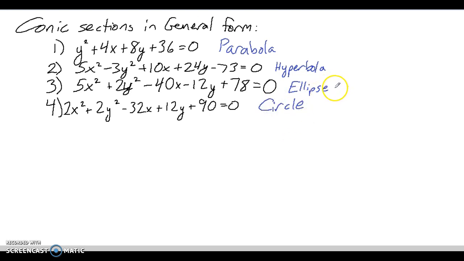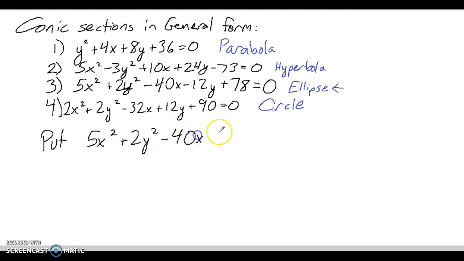The one I want to look at a bit more right now is that ellipse. So let's put the equation 5x squared plus 2y squared minus 40x minus 12y plus 78 equals 0 into standard form.